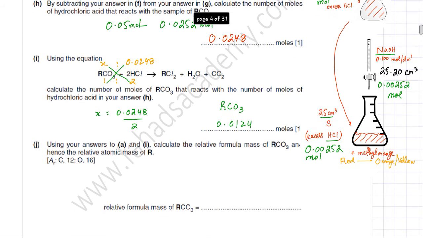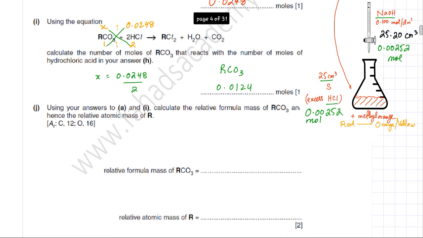And the next part now is going to ask, using your answer to A and I, calculate the relative formula mass of RCO3 and hence the relative atomic mass of R. So we first need to find the MR, or formula mass, of RCO3. We have the moles.